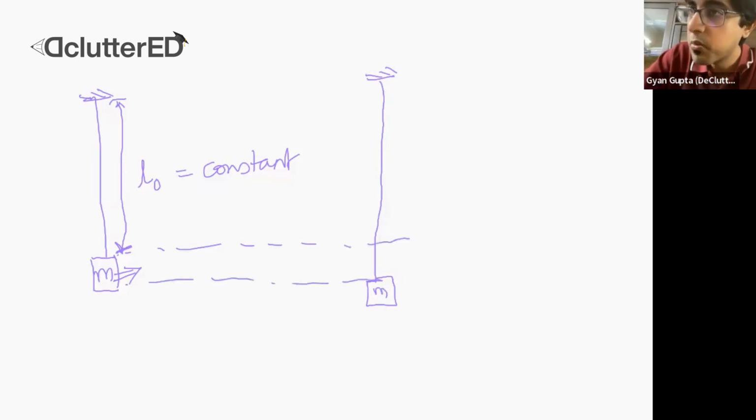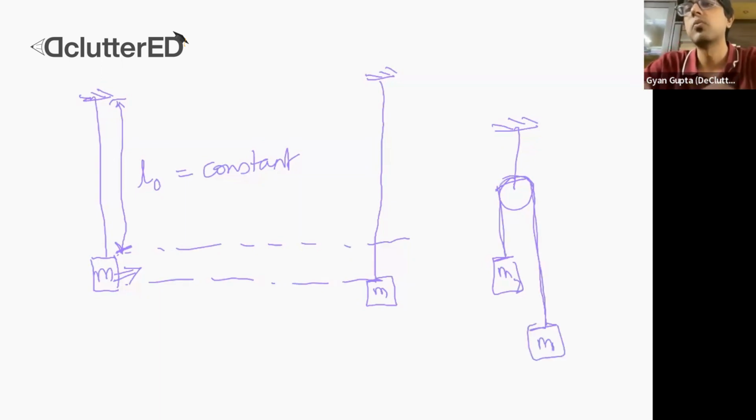And this is more applicable in something called Atwood machines, because we assume the length of the string to be the same, so we get a certain relation between the magnitude of acceleration of m1 and the magnitude of acceleration of m2. Now, these are two concepts that translate into the virtual work method, which we will cover in our next episode.